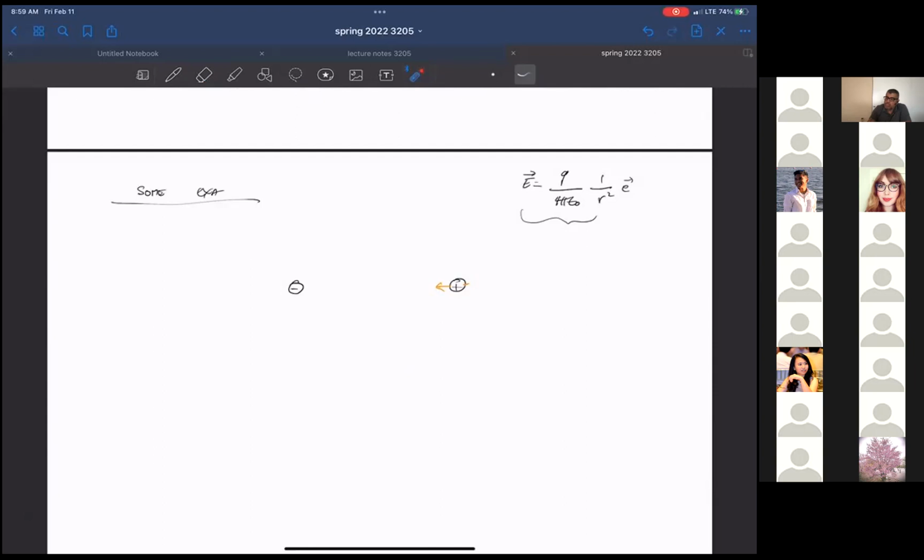Yeah, but just think about it step by step, at least that's how I think about it. Close to this guy, very close, this 1 over r squared is a really big number. Really close to this guy, you can almost pretend this guy isn't there, that there's no electric field line being caused by this guy.